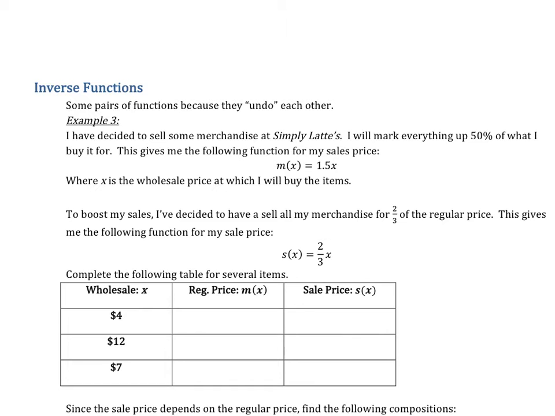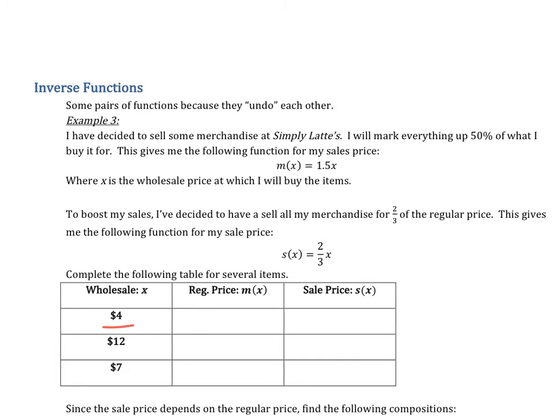So this gives me the following function. My sale price S of x is 2/3 of x, where x here is the price I was selling it for. All right? So let's do some computations here and see what happens under this little arrangement.